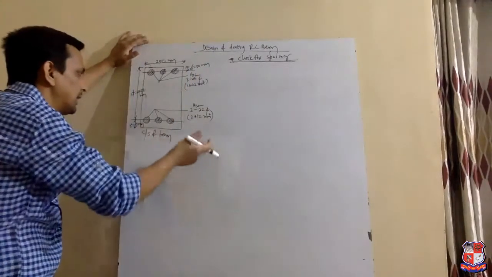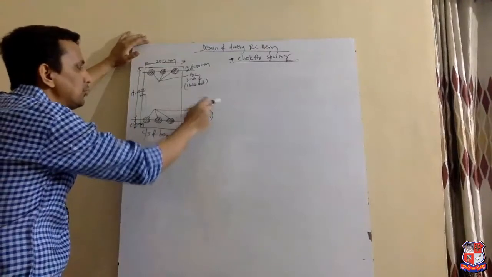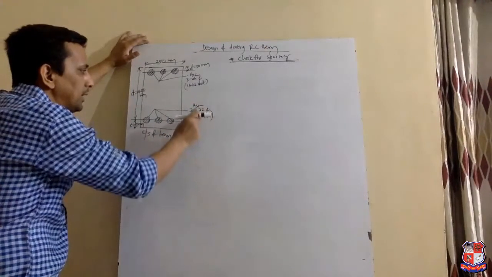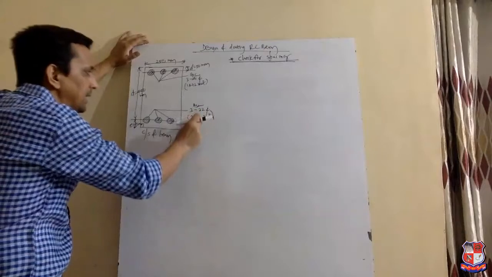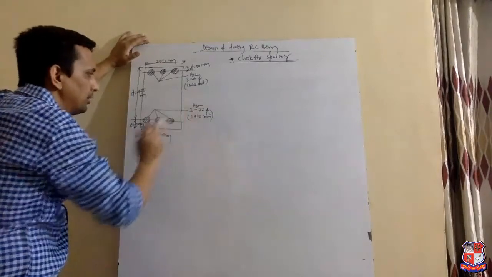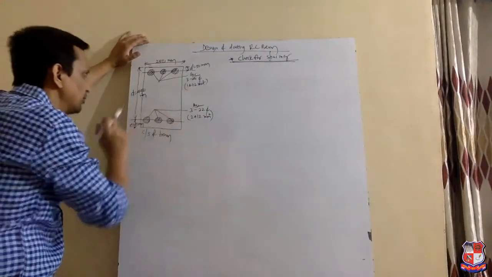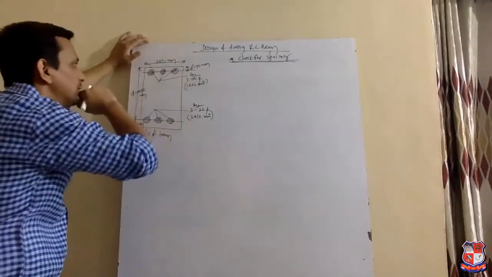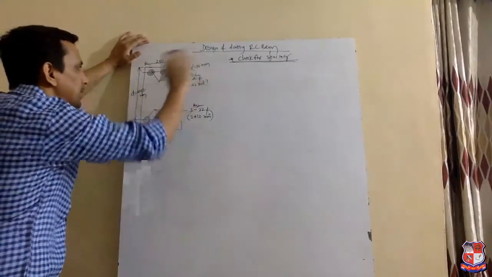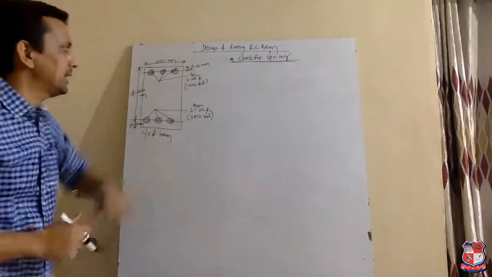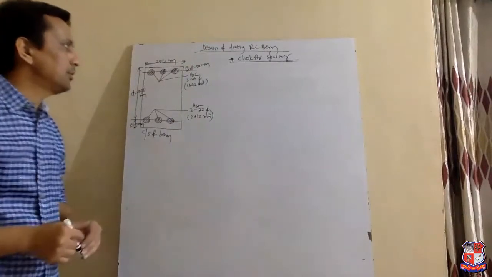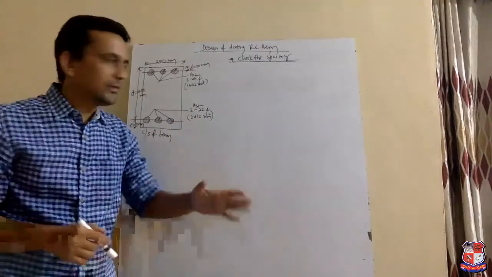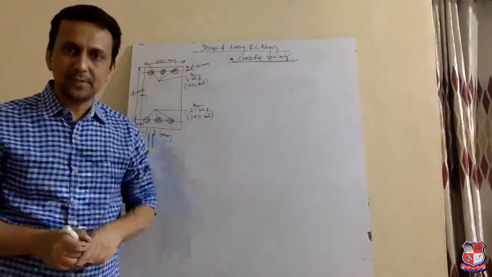We have provided 3 numbers of 32 mm dia bars having tensile area of steel 2412 mm square in the tension zone, and in the compression zone we have provided 3 numbers of 25 mm dia bars having area 1472 mm square. So let's see the first check, for spacing.